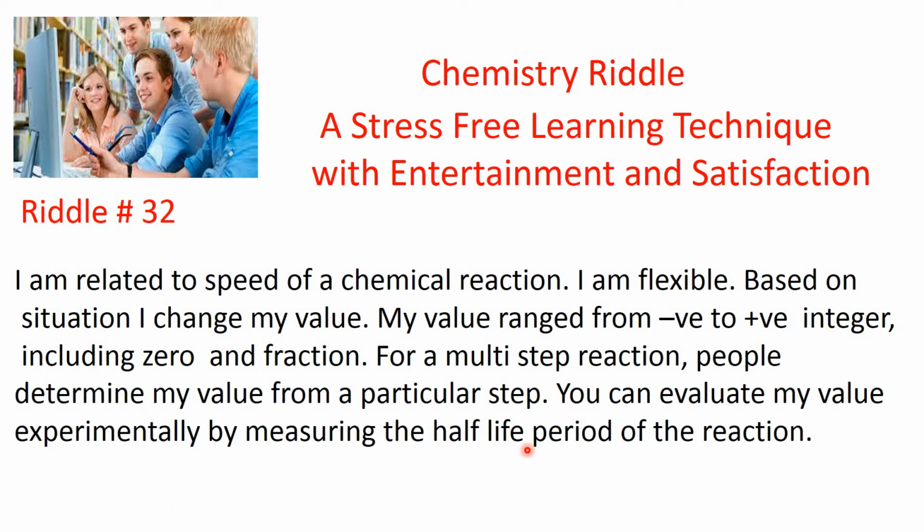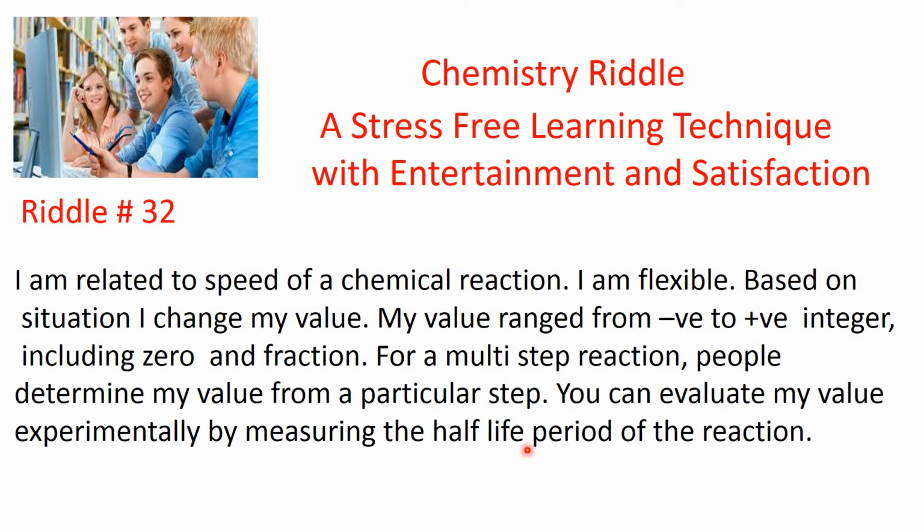Now coming to riddle number 32. I am related to the speed of a chemical reaction. I am flexible. Based on the situation, I change my value. My value ranges from negative to positive integer, including 0 and fractions. For a multi-step reaction, people determine my value from a particular step.